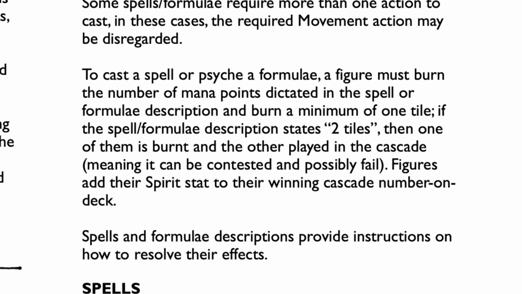I mean, to cast literally any spell is going to cost a minimum of 1 tile and 1 mana point. So even though all figures with a mana pool could try to counter a spell, there are tactical choices to be made each and every time. And of course, only one figure can try to counter a cast spell. It's not like you could have all 5 of your figures on the board try one after the other to counterspell. At least not yet, anyway.